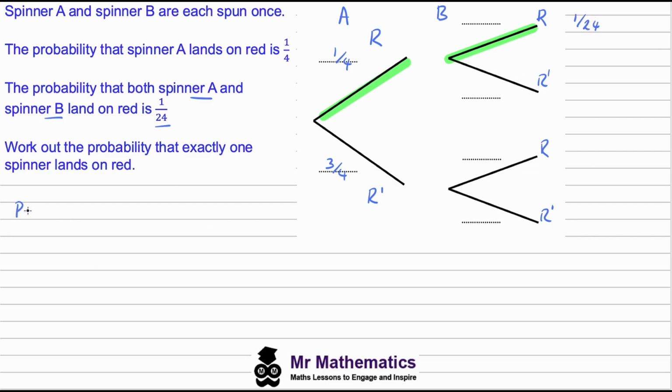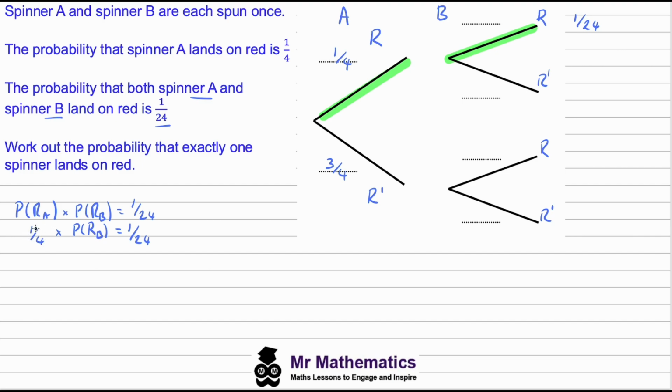So the probability of a red on A multiplied by the probability of a red on B will equal 1 over 24. And we're told that this one is 1/4. So 1/4 times the probability of a red on B will be 1 over 24.